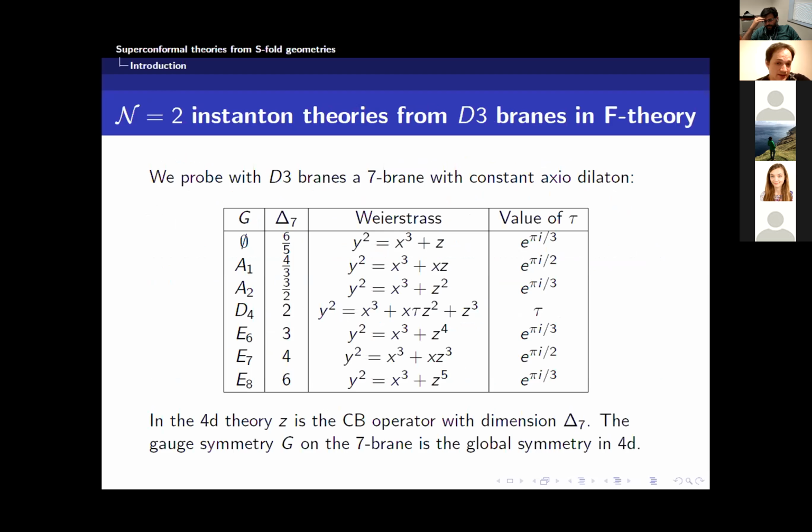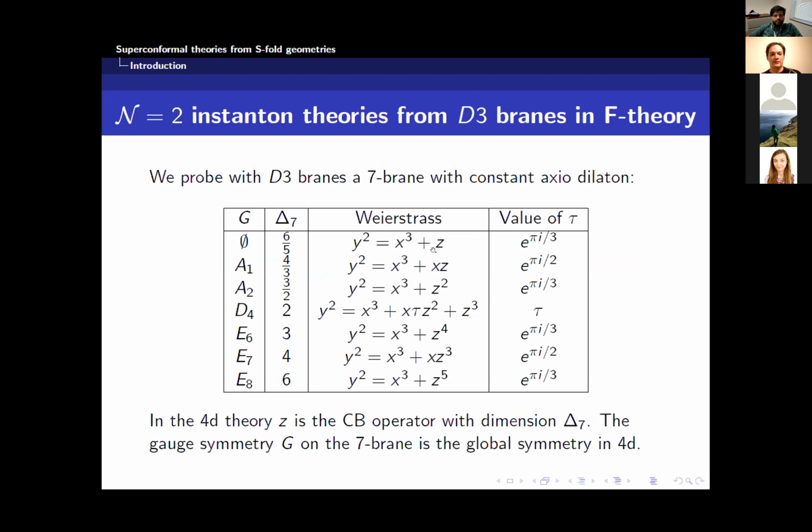These are classified by Kodaira singularities. We have 7 non-trivial examples. The Weierstrass models are reported here. Here, z is the coordinate parameterizing the plane transverse to the 7-brane. In general, the presence of the 7-brane freezes the axio-dilaton of type IIB to some specific values given in the last column.